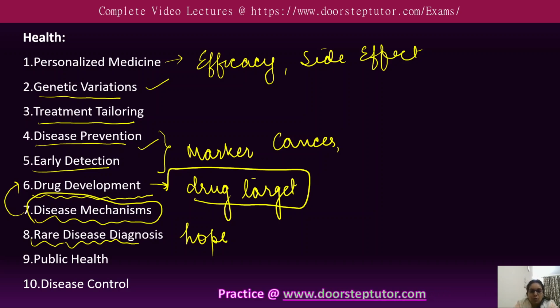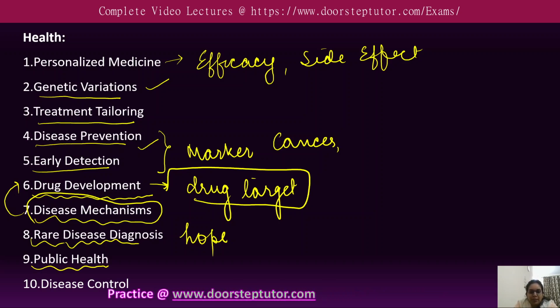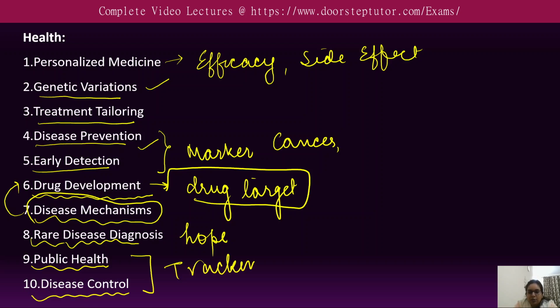Genomics can also be very useful for public health as well as in epidemiology, meaning in the control of disease. Genomics contributes to the tracking of disease outbreaks, either epidemic or endemic diseases, thus understanding the transmission patterns, so that strategies can be made for the control and prevention of the diseases.